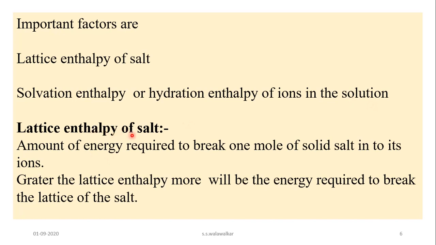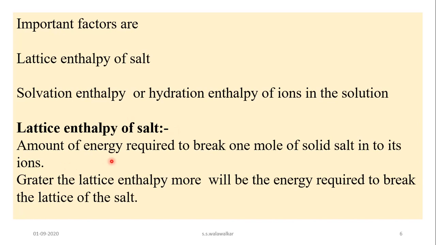So what does lattice enthalpy of a salt mean? In a salt, cations and anions are bound together by an electrostatic force of attraction, and that is called an ionic bond. To break this ionic bond, to separate these cations and anions, some amount of energy is required, and that amount of energy is known as the lattice enthalpy.